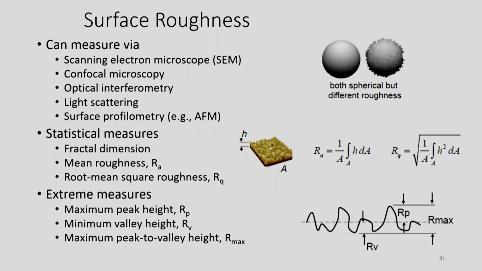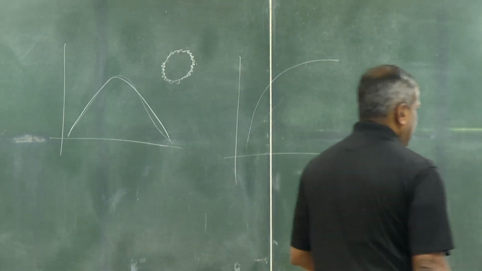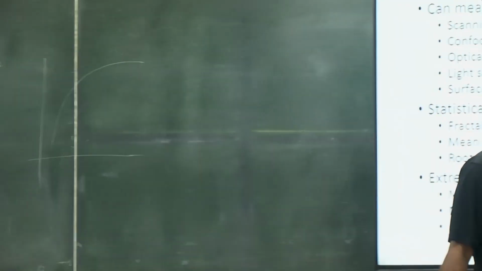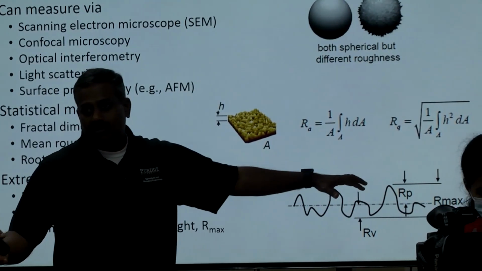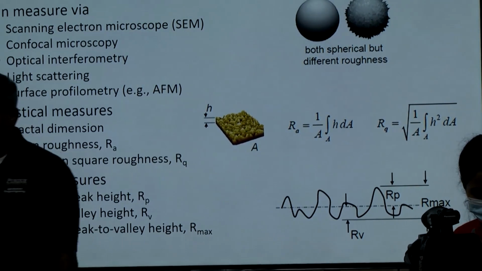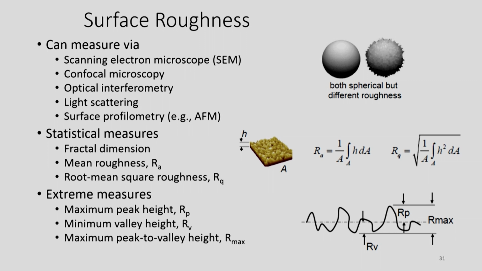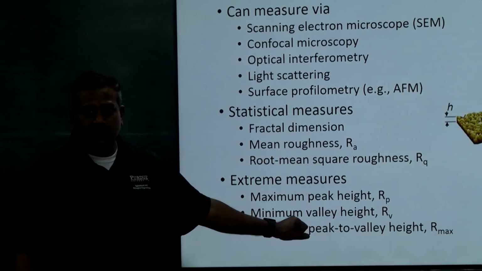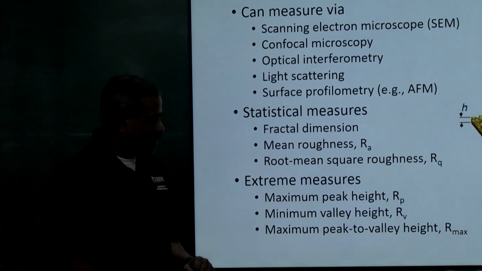Because if the peak heights are high, it might take more binder, because most of the binder will get into the valleys, and then it may not be available for forming agglomerates. So when you are working on coating, even encapsulation, you will have to worry about these extreme measures.